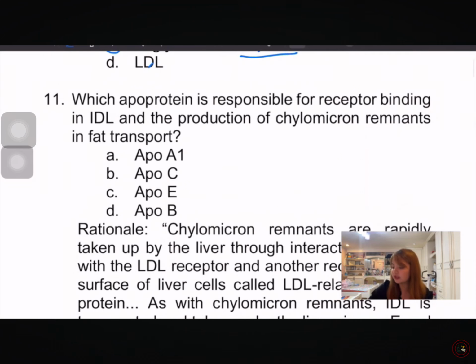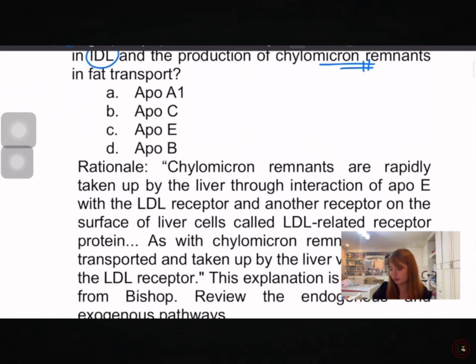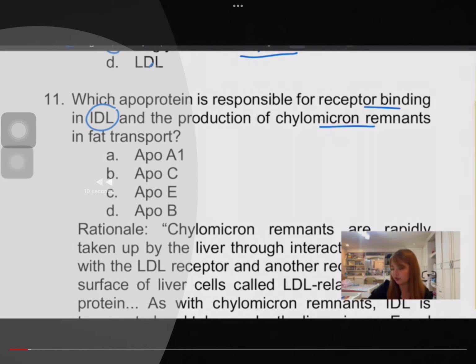So, which apoprotein is responsible for receptor binding in IDL and chylomicron remnants? Remember to review the endogenous and exogenous pathway of fat transport. So, chylomicron remnants.